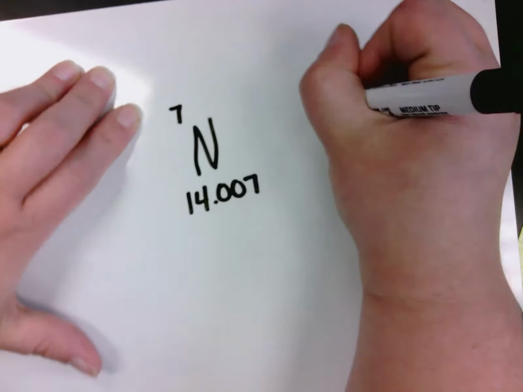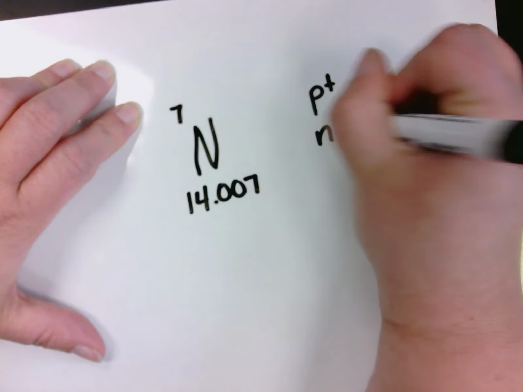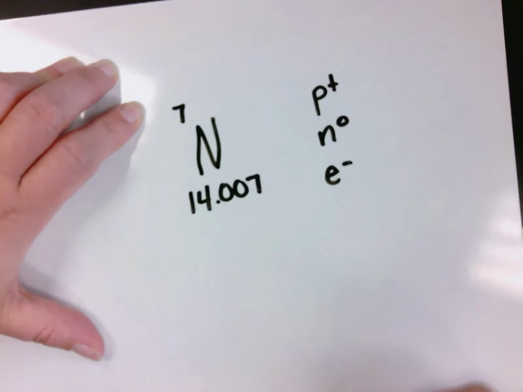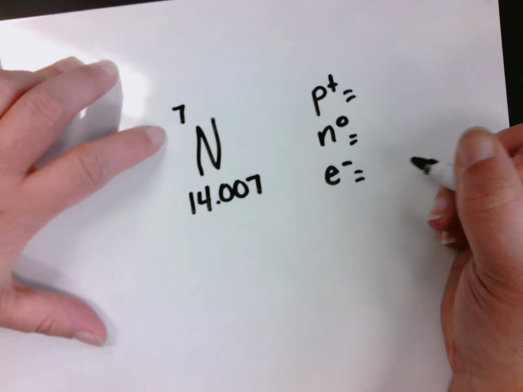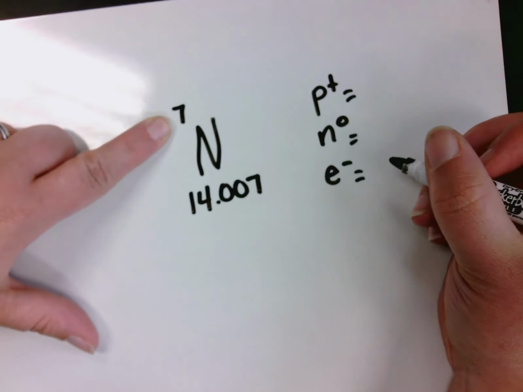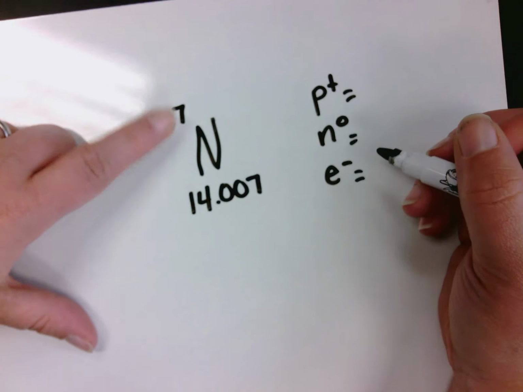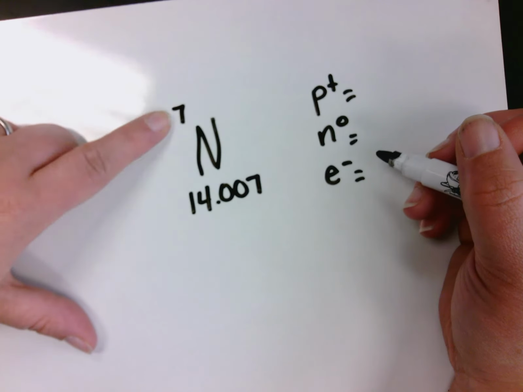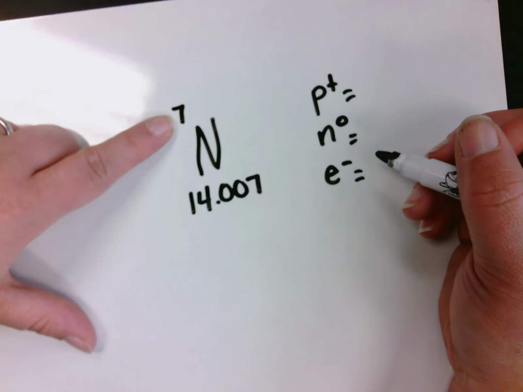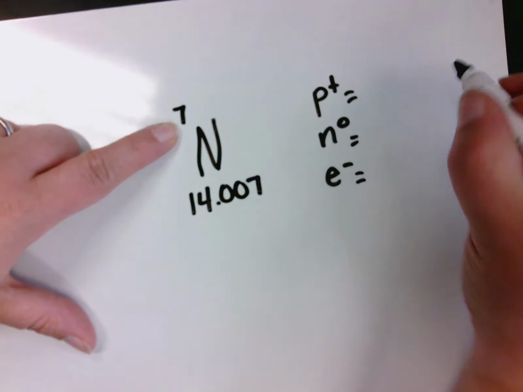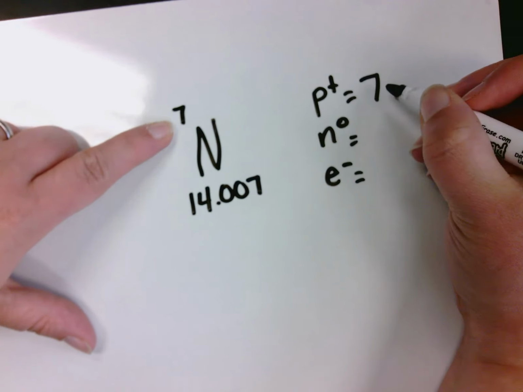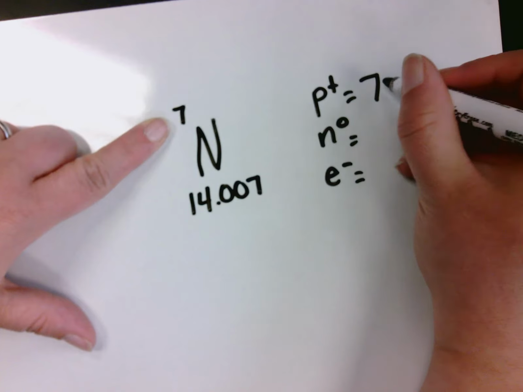And I want to know protons, neutrons, and electrons for this atom. On our periodic table, we find the number of protons as the atomic number. The atomic number is always the same for that element. It never changes because it's what defines that element. Nitrogen always has 7 protons. That can never change. If it did, it wouldn't be nitrogen anymore.